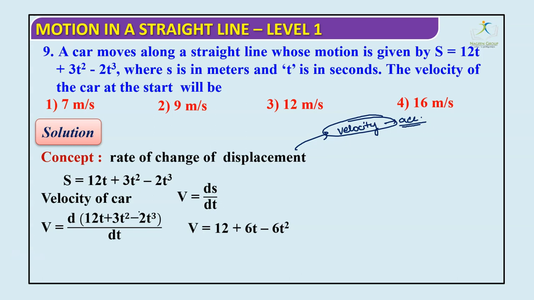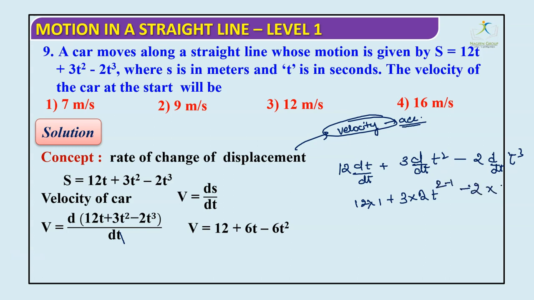What I did after differentiation, this becomes 12 d by dt of t, plus, I'm just differentiating individually the terms, so 3 d by dt of t square minus 2 d by dt of t cube. 12 becomes 1, plus 3 into 2 into t to power 2 minus 1, minus 2 into 3 into t to power 3 minus 1. So 12 plus 6t minus 6t square. This becomes, which I put here.